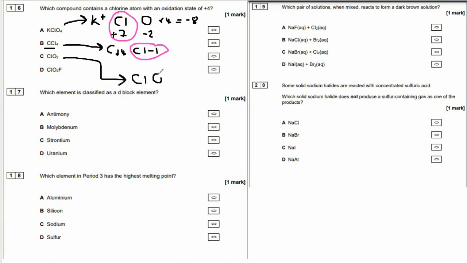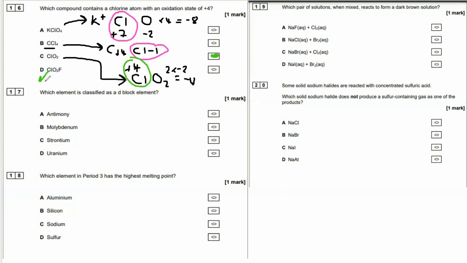That means the chlorine must be +4. So our answer there is +4, because what you're trying to do here is balance the oxidation states, unless it's an ion. Right, and you look at this final one here. Well, we don't really need to get into that, but the oxygens are -2 each, the fluorine's -1, so -5, so the chlorine's +5. Anyway, the answer is C.